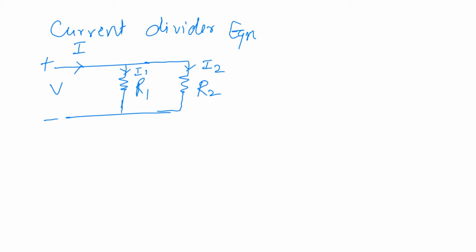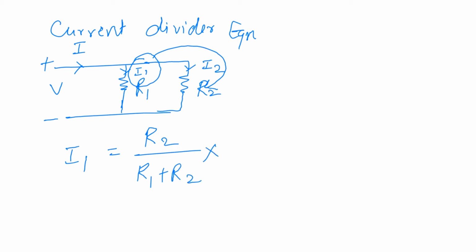If I have to find current I1, we take resistor R2 in the numerator: R2 divided by the sum of all the resistances, R1 plus R2, multiplied by the input current I. If I have to find current I2, we take resistor R1 in the numerator.